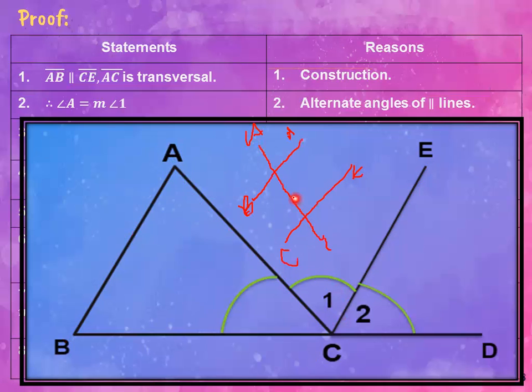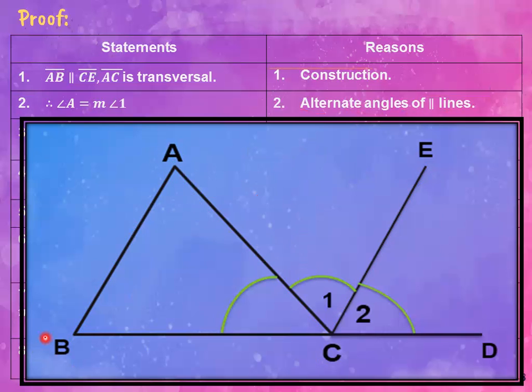Here this is your angle 1 and this is your angle A. Angle A and angle 1 are alternate angles, and as you know, a pair of alternate angles are congruent, so the measure of angle A will be equal to the measure of angle 1, because they are alternate angles of parallel lines. Understand? So this is our second statement. I hope it is clear.